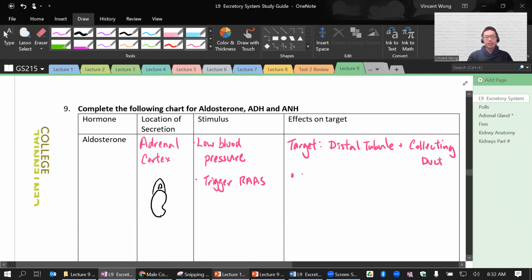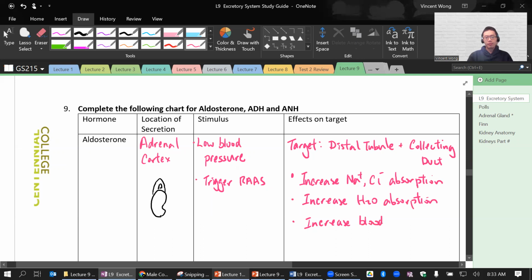And what it does is the aldosterone will increase sodium absorption, which in turn will increase water absorption. It just kind of follows the salt, right? And then you will have increased blood volume and blood pressure.